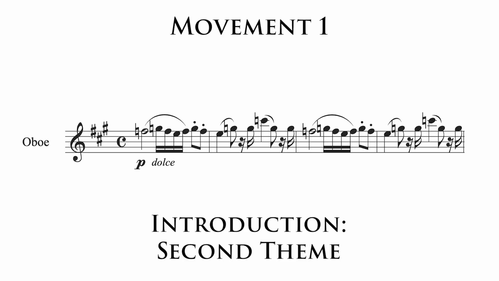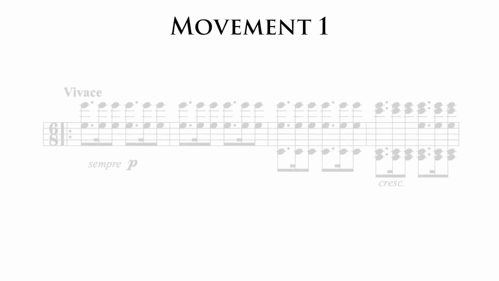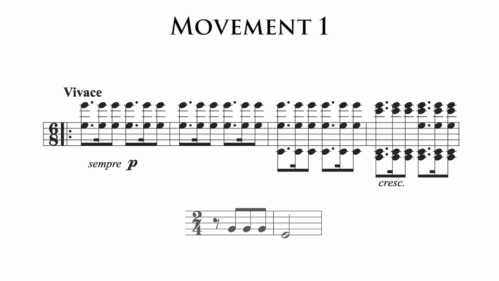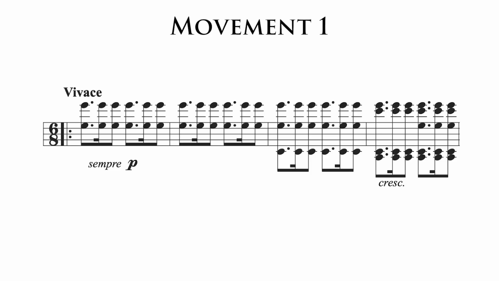Eventually, after this expansive introduction, it gives rise to this dactylic rhythm, which pervades almost every bar of the movement, kind of like how the first notes of Beethoven's Fifth pervade every bar of that movement.